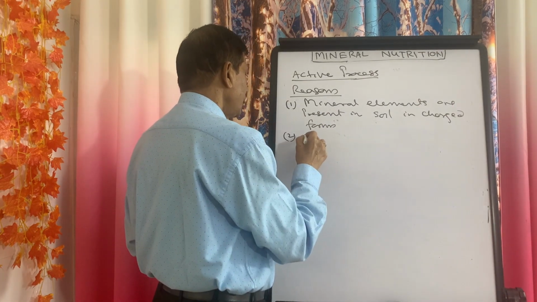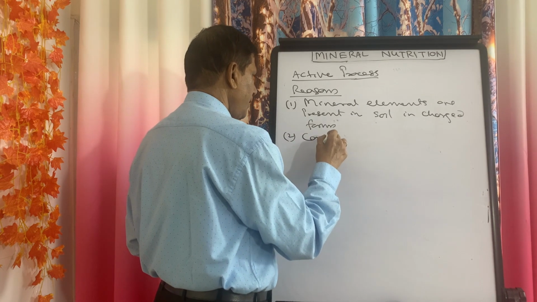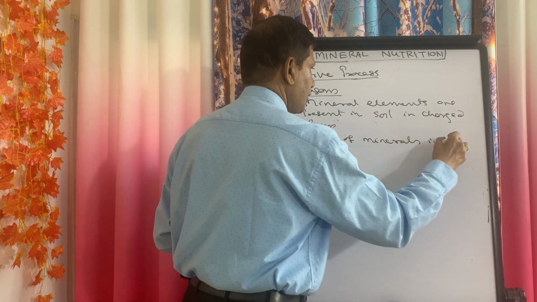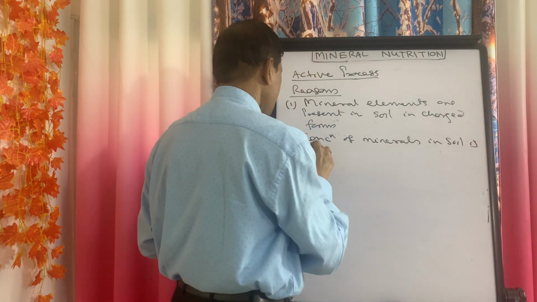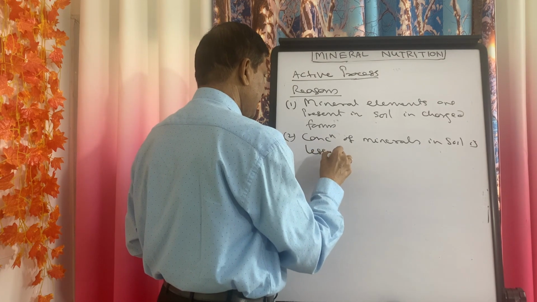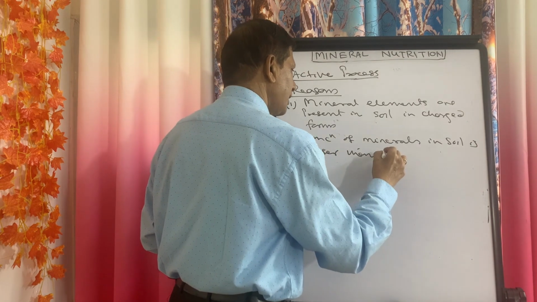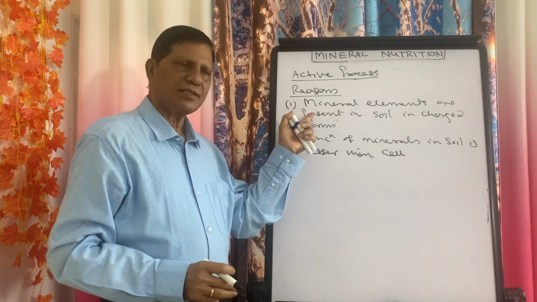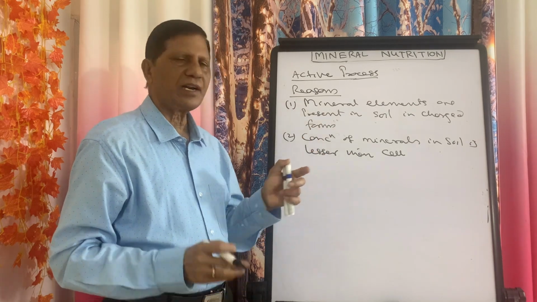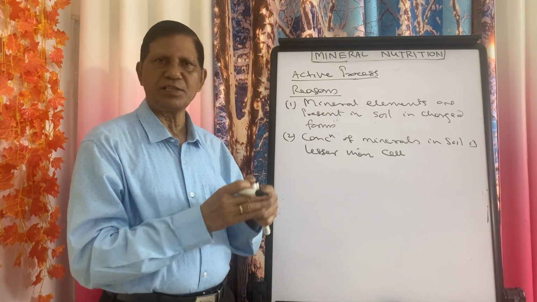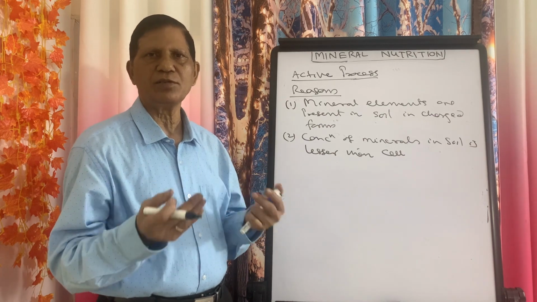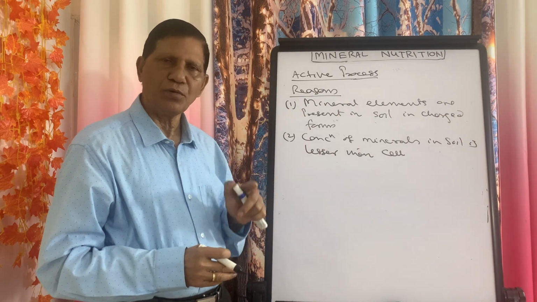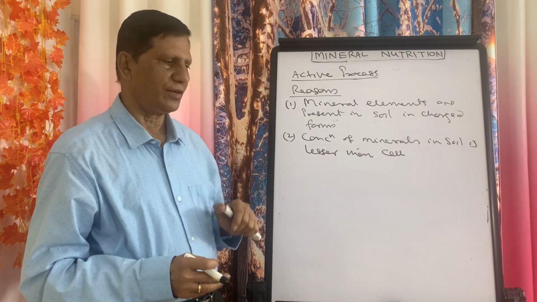Number two, the concentration of minerals in soil is lesser than the cell. That means they are charged molecules plus their concentration outside the cell solution is lesser than that of the cell. So these are the two reasons they cannot enter inside. That means they have to go actively with the help of carriers.